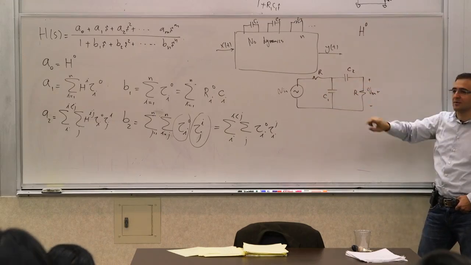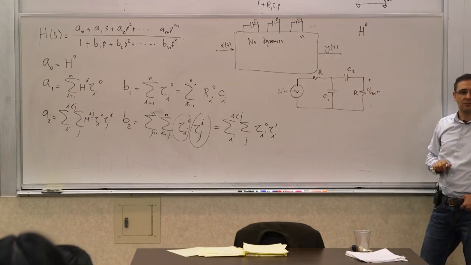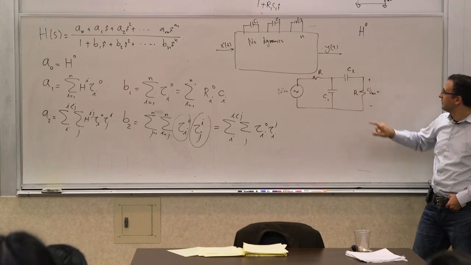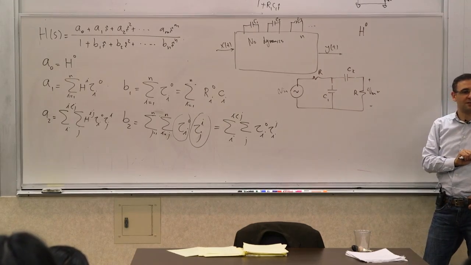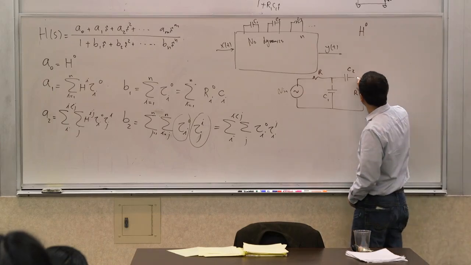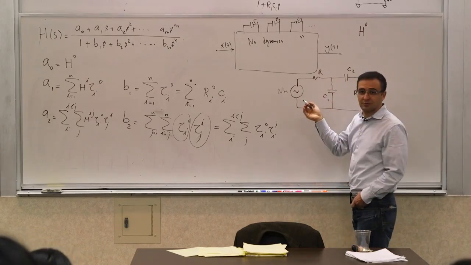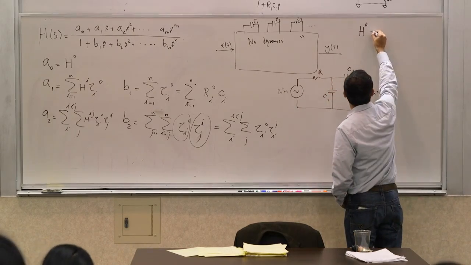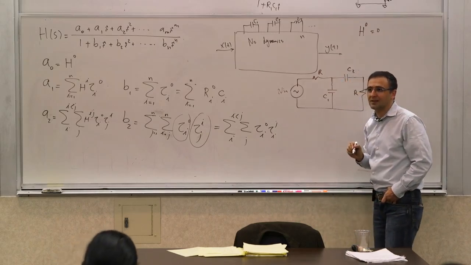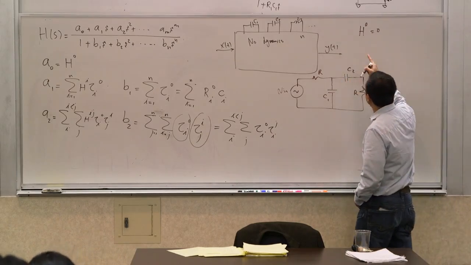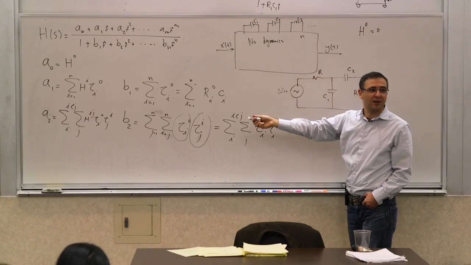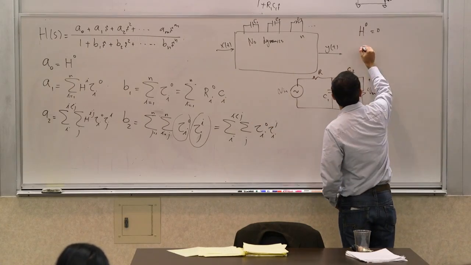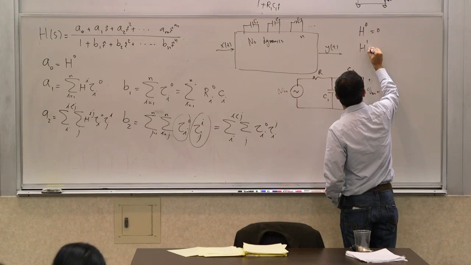What's the output voltage in terms of the input voltage? It's 0, because this is open, it's not connected to the input. It's connected to ground. So this is 0. Now, you can see most of these calculations are pretty straightforward, although the notation looks pretty complex. So how about H1?